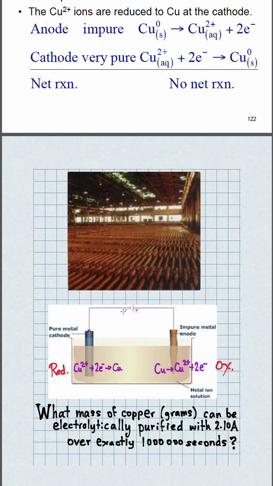But if I just push electricity in one direction, in essence, I force the copper to become pure. So on the right-hand side of this setup is called the sacrificial anode, where I have my impure copper. It's forced to lose an electron and become a copper ion.